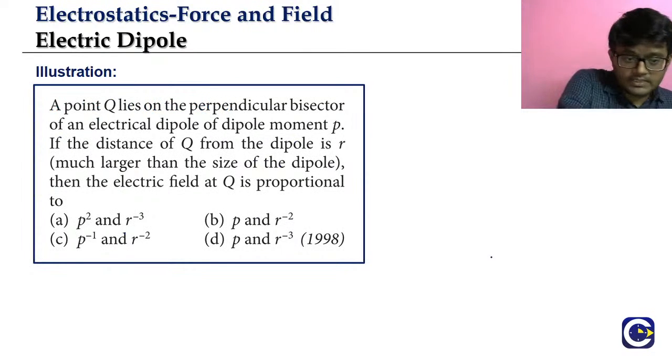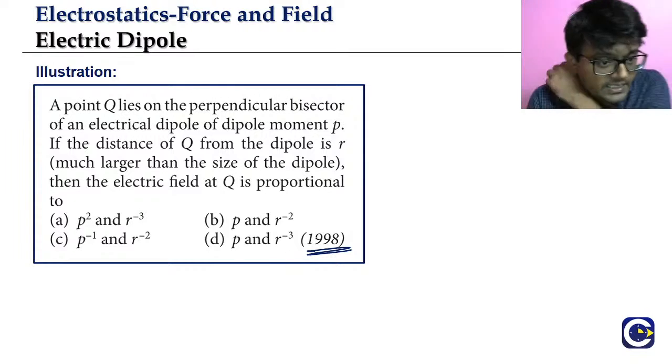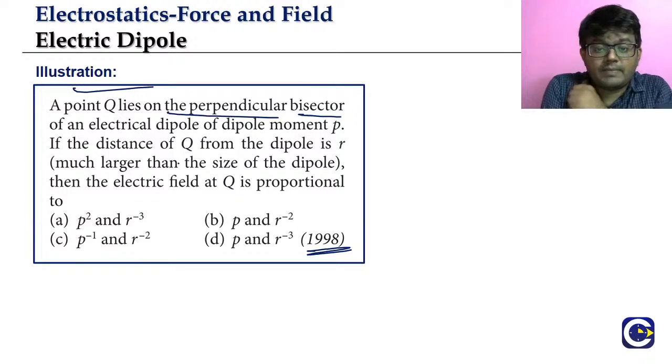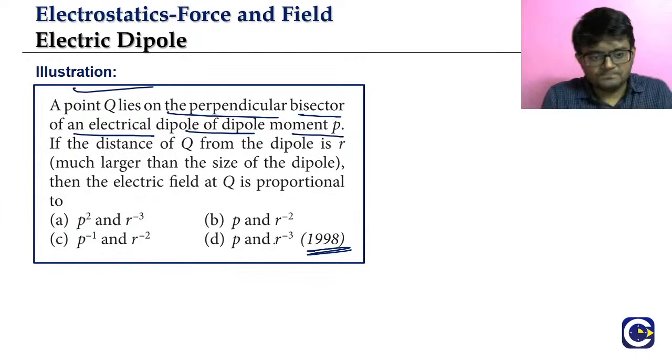Now look at this question. It is already a previous year question, from 1998. A point q lies on the perpendicular bisector. I told you, the perpendicular bisector is the equatorial plane. We can also call it the perpendicular bisector. A point q lies on the perpendicular bisector of an electric dipole having dipole moment p.